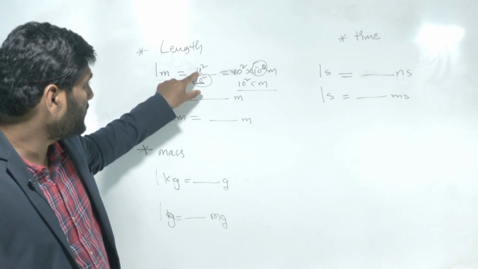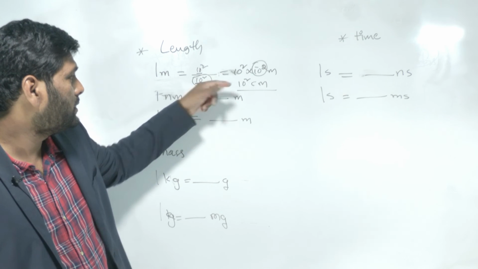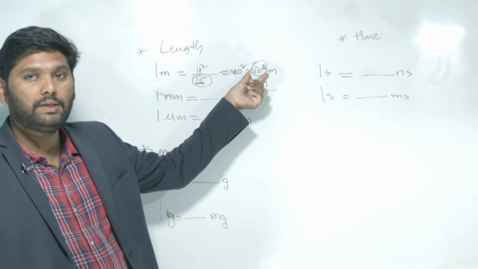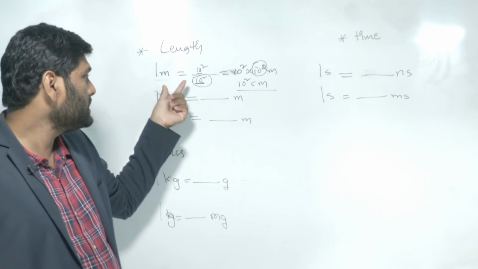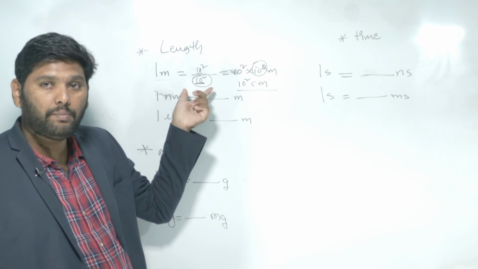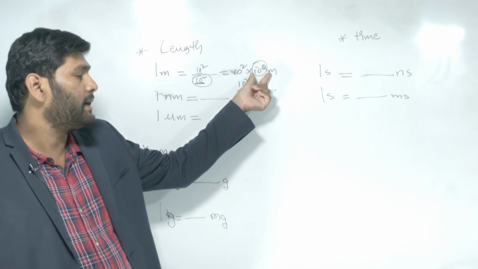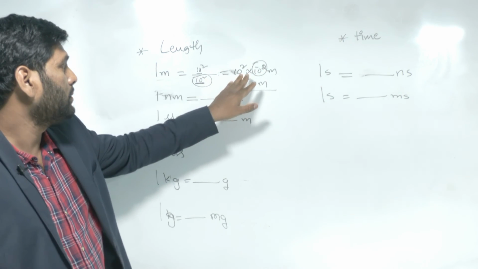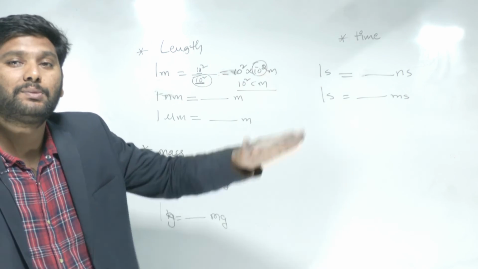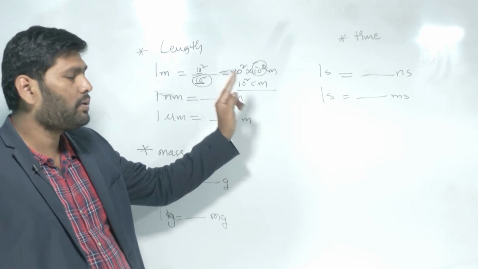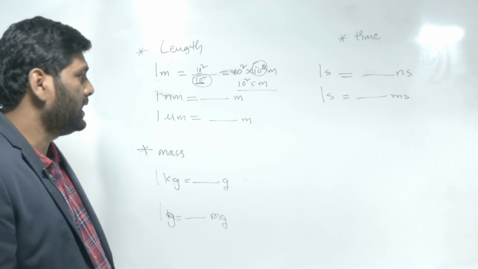Here 10 power 2 is as it is, but the 10 power 2 in the denominator, when it comes to the numerator, can be written as 10 power minus 2. But 10 power minus 2 you can express as centi, right? So finally, 10 power 2 centimeter. That is the way you can express.